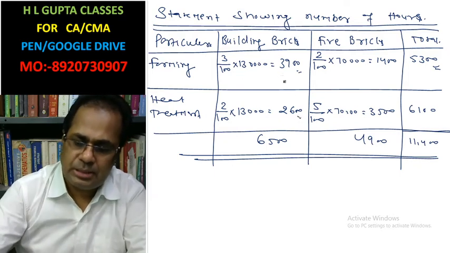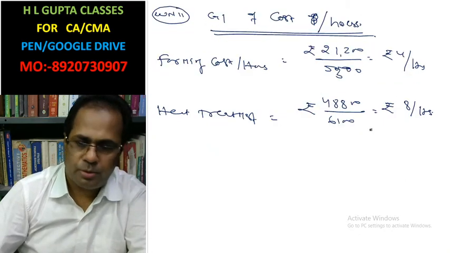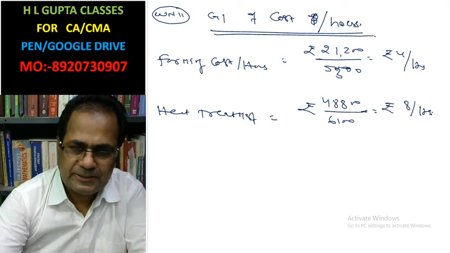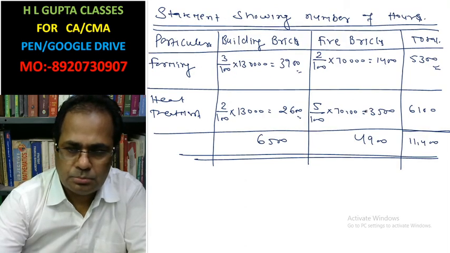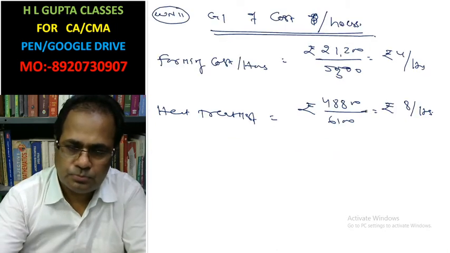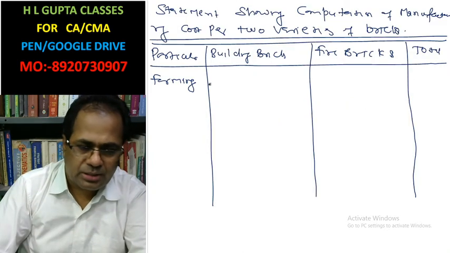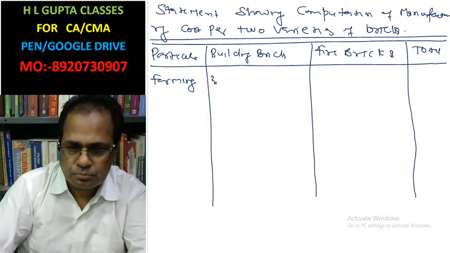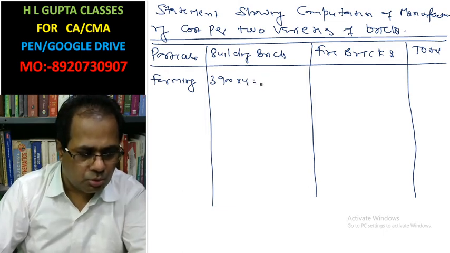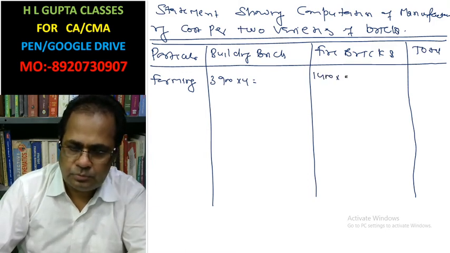The cost per hour is 4 for both. So for building bricks, forming is 3,900 into 4, and for fire bricks 1,400 into 4.